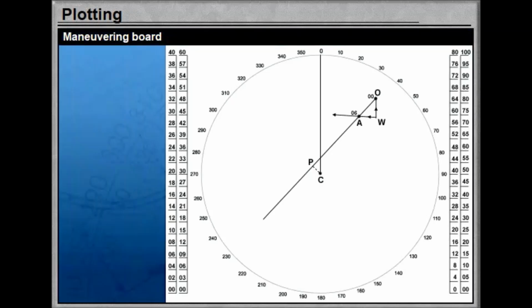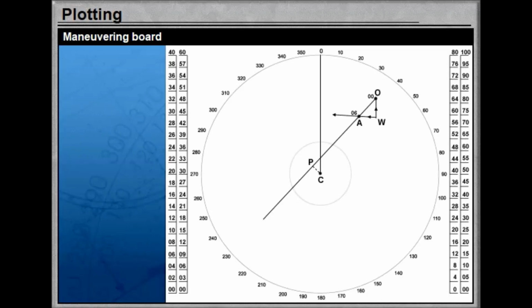You plan an avoiding action, and your aim is that the target's relative course should have its point of contact on the 2 nautical mile range ring, that is, CPA 2 nautical miles. However, the plotting will take some time, so you plan for a change of course or speed to take place in a couple of minutes' time.